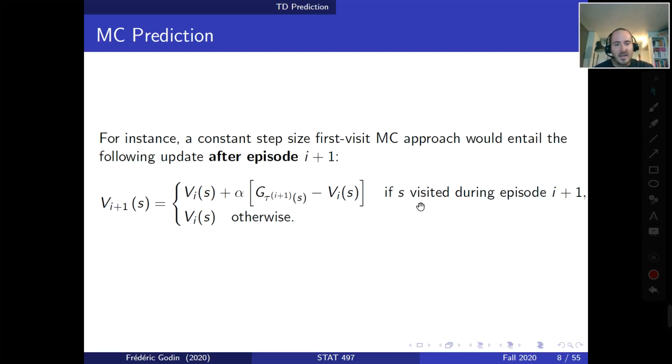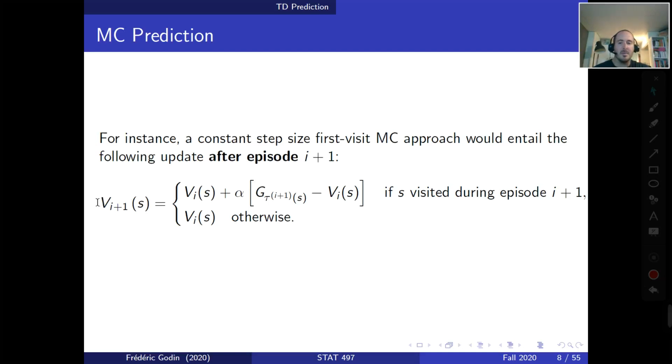Okay, so here, the Monte Carlo algorithm relied on the following recursion. So if a state S was visited during episode i+1, then we could increment the value function through the following rule. So we could apply the following update.